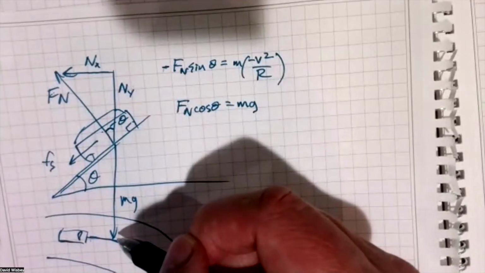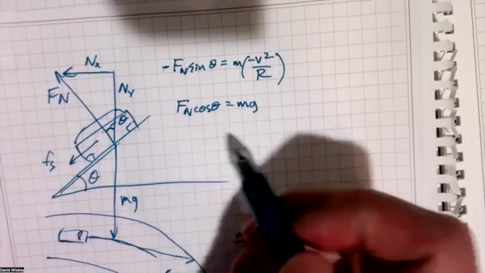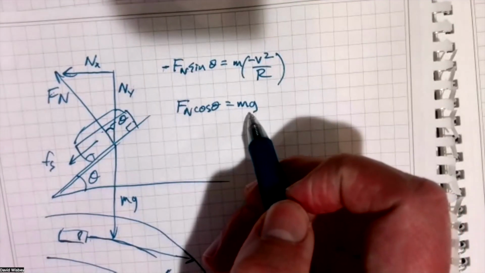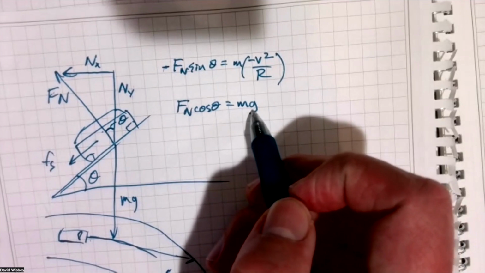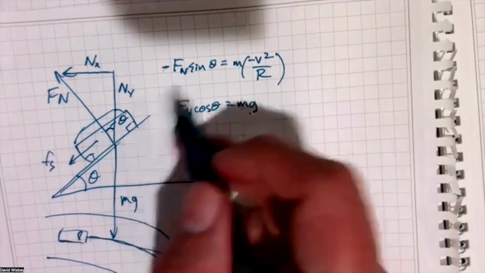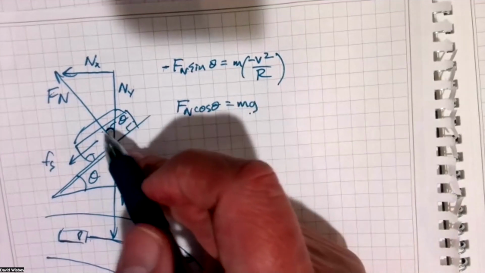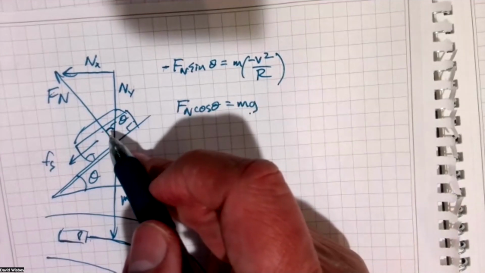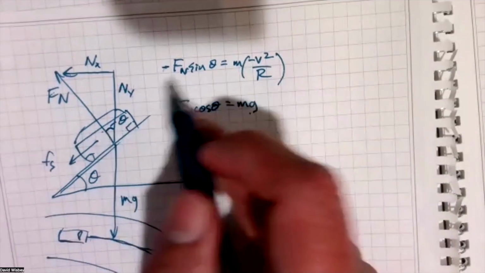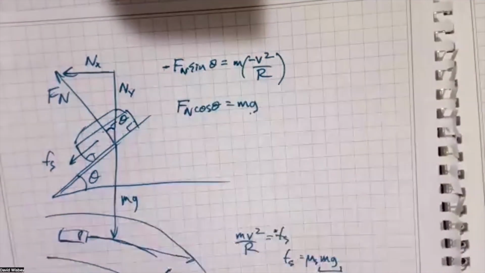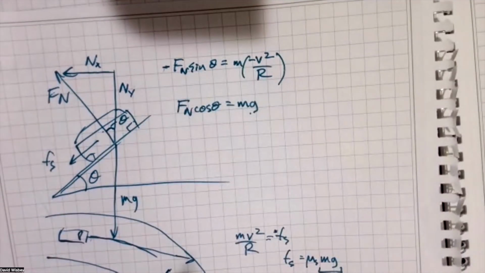Because my force down here equals my force up, and so I can set these two equal to each other. And if I'm going around the corner, then the road having this curve here is going to give me some force pointing towards the center.